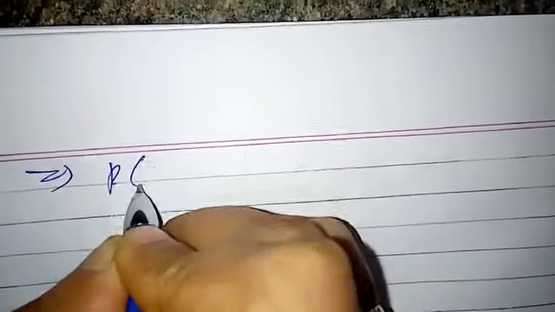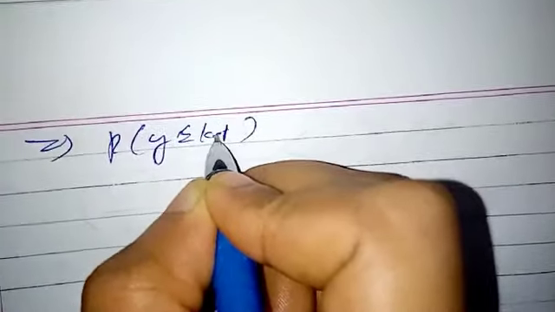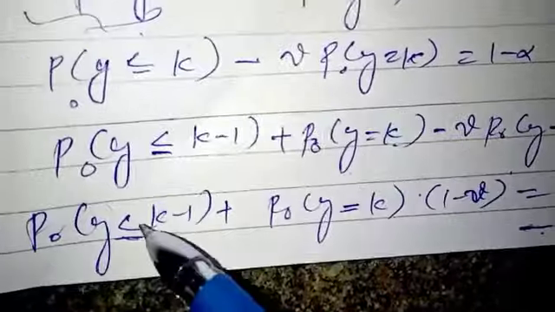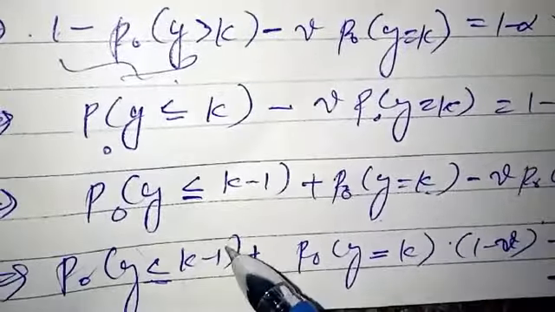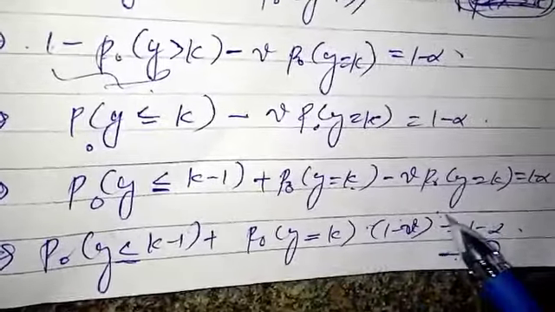Sorry, CDF, right? Cumulative distribution function, which implies probability of Y less than or equal to k minus 1 is a CDF, right? It is, plus this term, equal to 1 minus alpha.